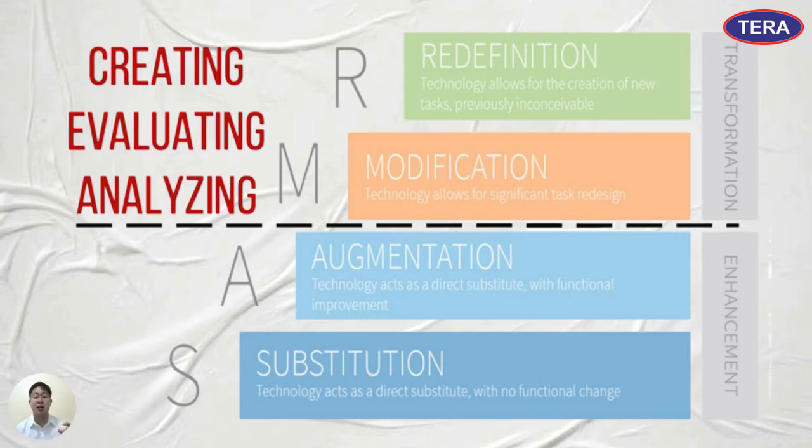Again, the redefinition and modification levels will allow students to not just significantly redesign, create, and evaluate, but they will also be given an opportunity to analyze certain tasks and even create new ones as the need arises.